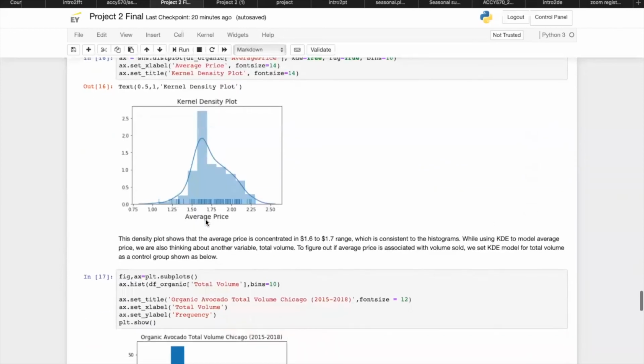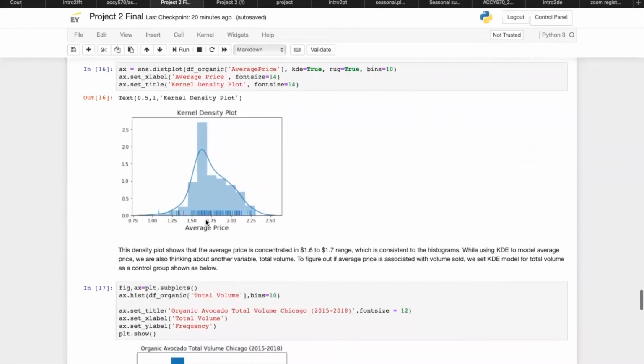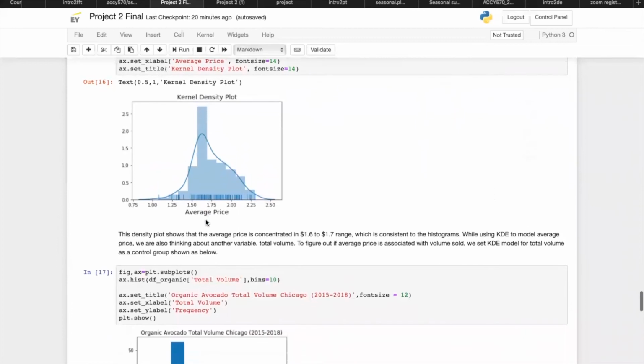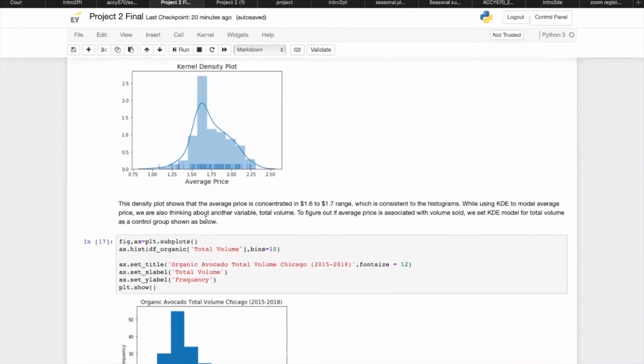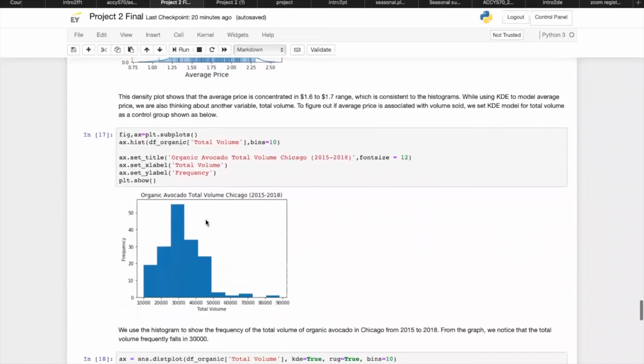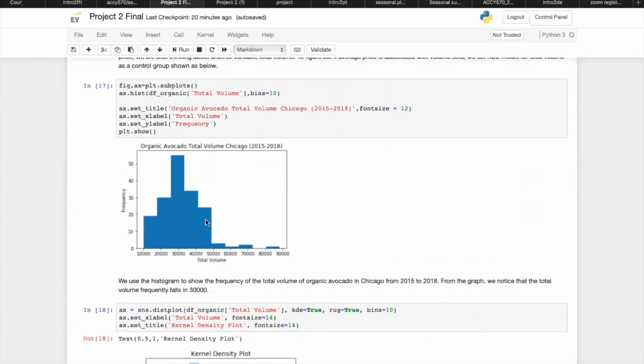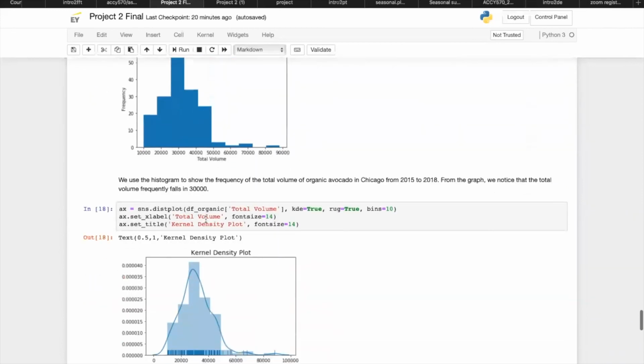While using KDE to model average price, we are also thinking about another variable, total volume. Are price and volume correlated to each other? To figure out the answer, we set up a KDE model for volume as a control group and to get a rough understanding of how volume data is distributed.